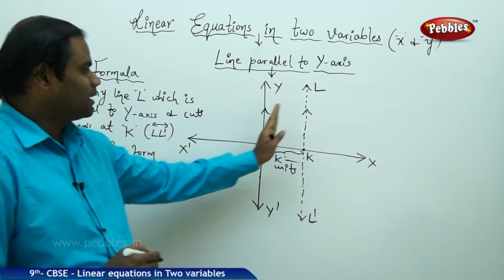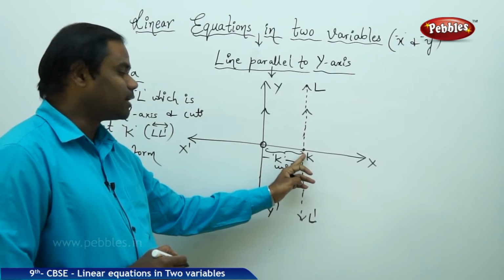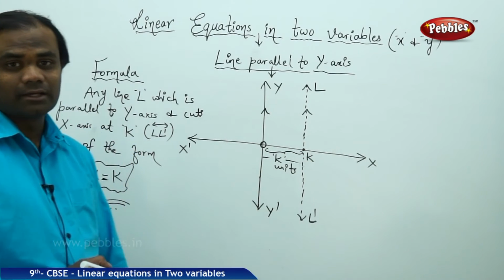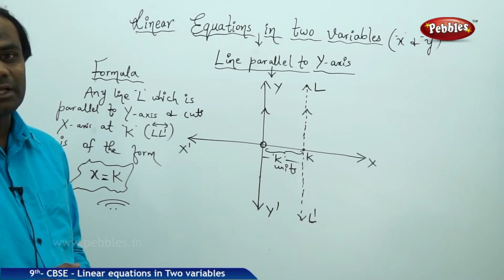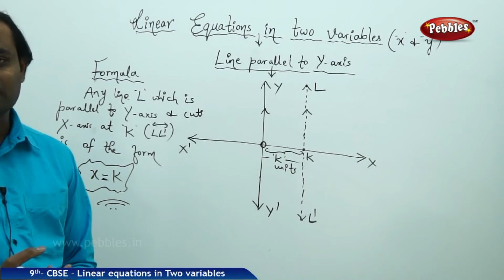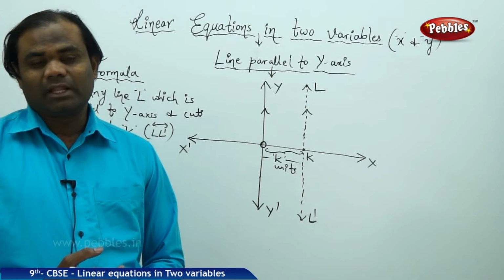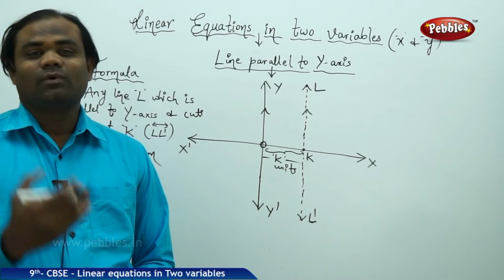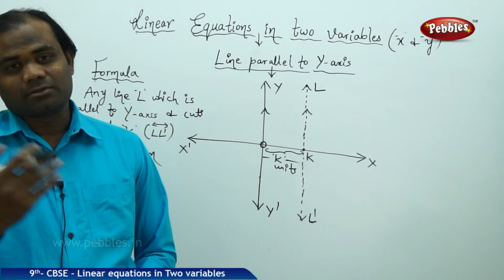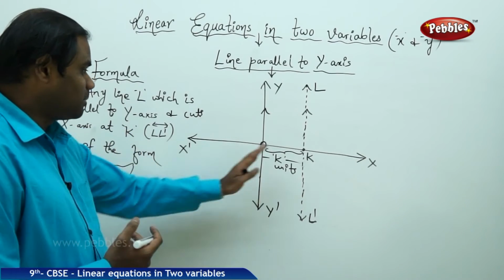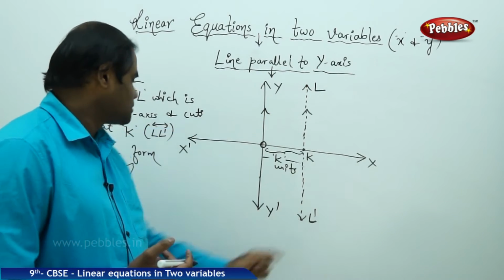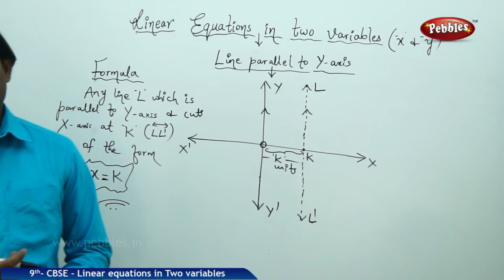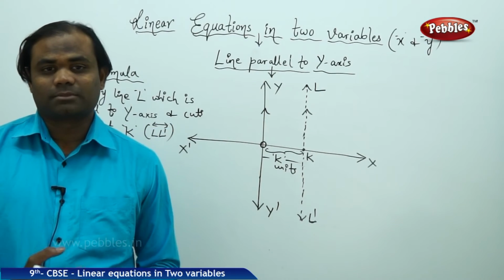Any line parallel to y-axis and passing through k, cutting x-axis at k, that is when the x-intercept is k, then the equation of the line L is of the form x equals k. Line parallel to x-axis, y equal to k. Line parallel to y-axis, x equal to k, is how I understand the concept.